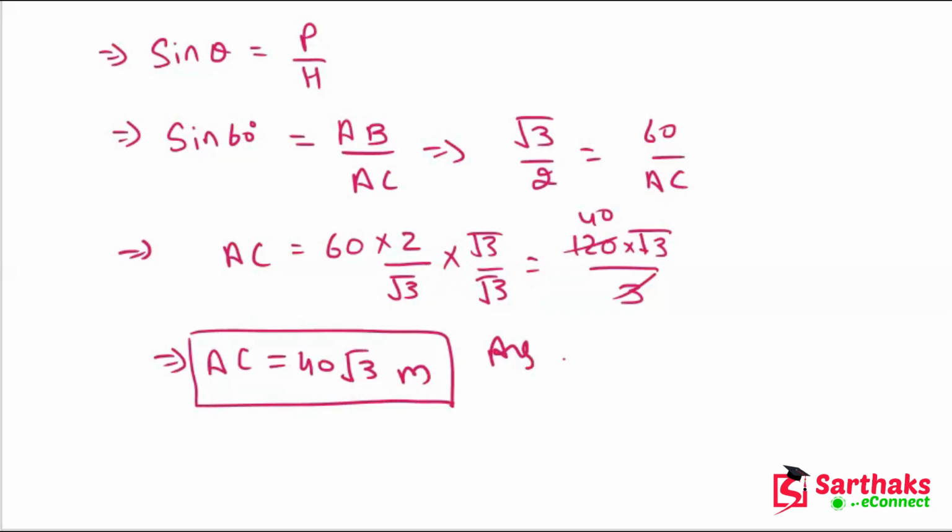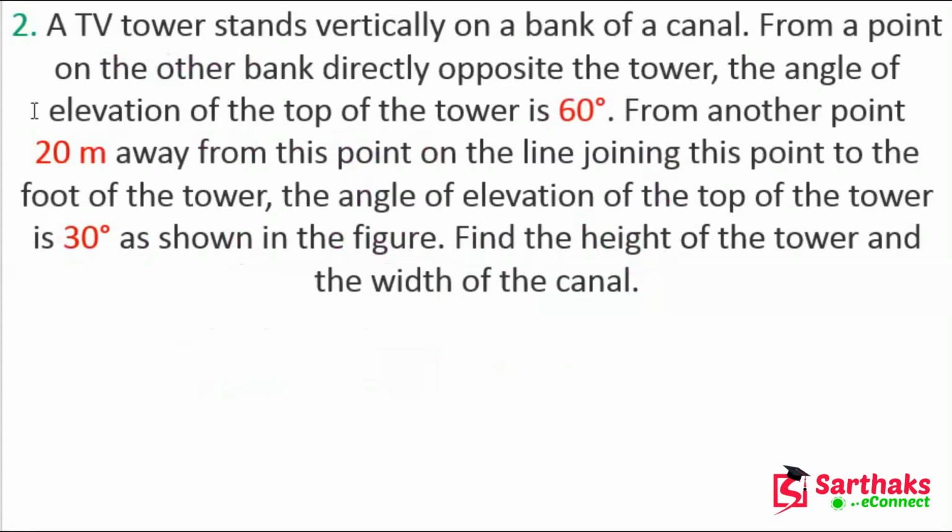So now let's move on to the next question. A TV tower stands vertically on the bank of a canal. From a point on the other bank directly opposite the tower, the angle of elevation of the top of the tower is 60 degrees.